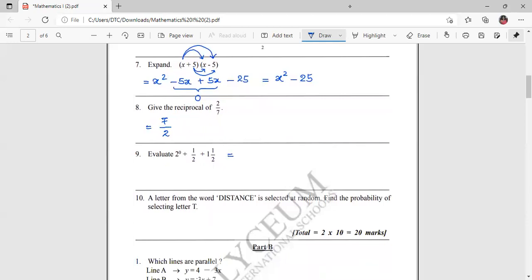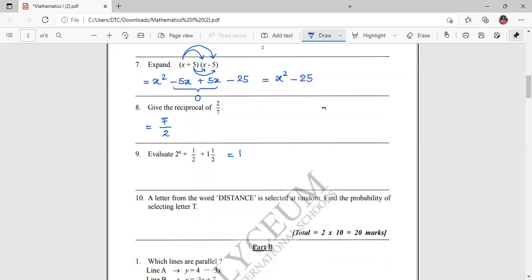Then the next one, 2 to the power 0. Can you remember, when you have 2 to the power 0, what will be the value? 2 to the power 0, 3 to the power 0, 4 to the power 0, whatever the base value, if the index is 0, what will happen, children? The value is 1.